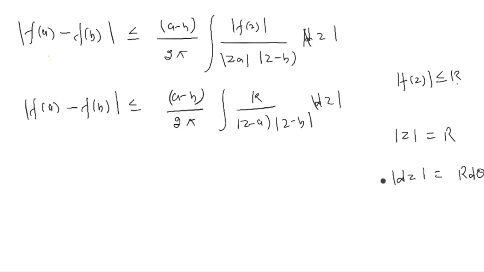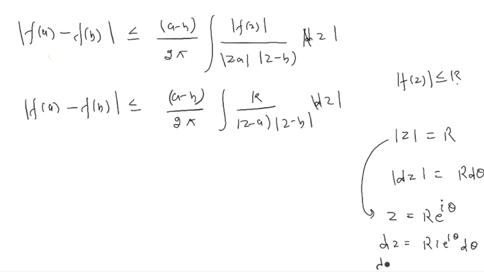How? Because you can see here, if mod of z equals r, it means z equals r e to the power i theta. And dz, the differentiation of z, equals r i e to the power i theta d theta.